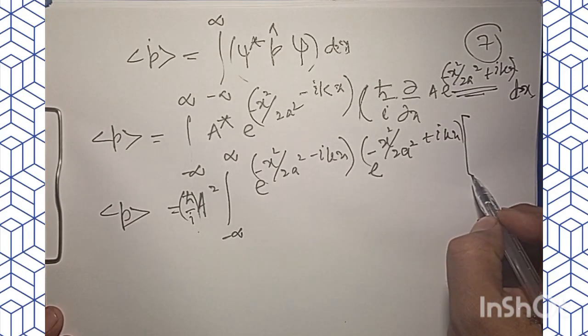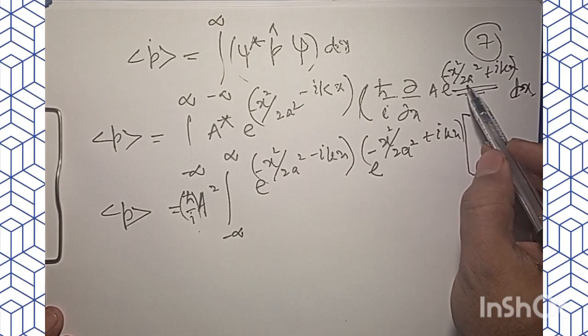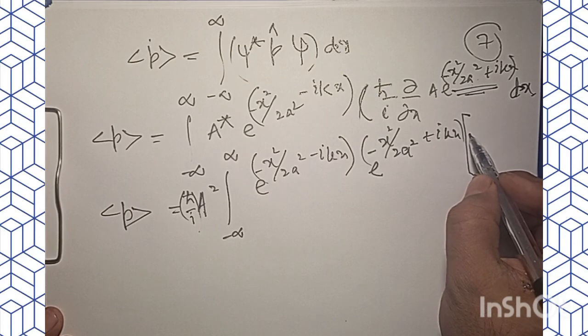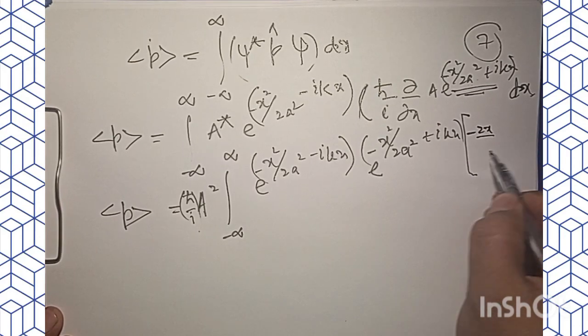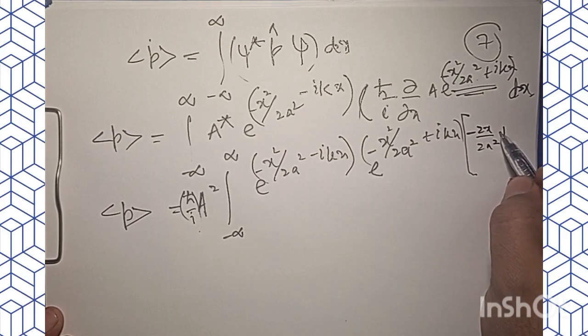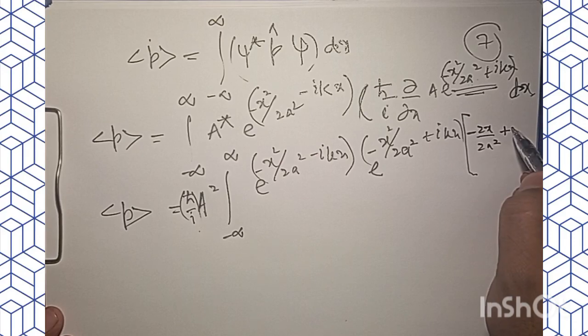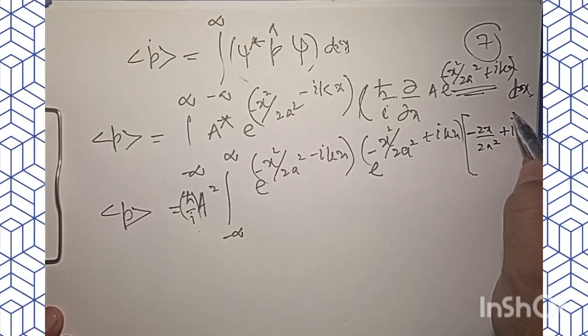So here I will have a bracket. Differentiating minus x square by 2a square will give me minus 2x by 2a square, and plus, so I'm going to get two terms, plus iota kx will give me iota k.